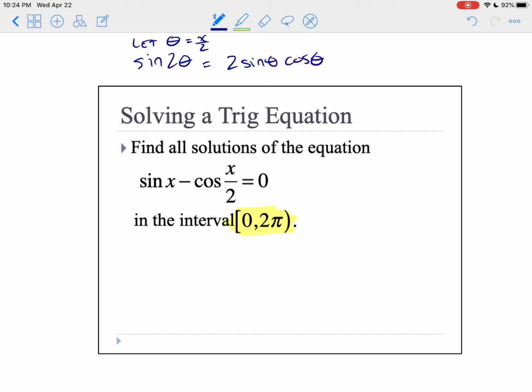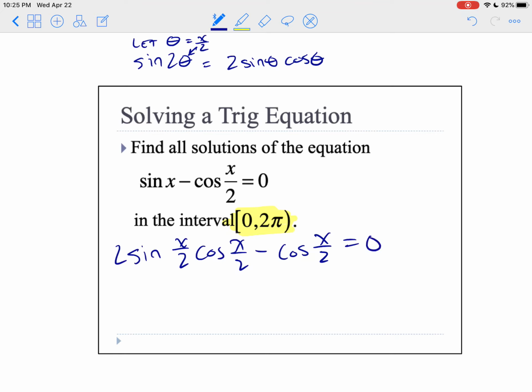So if theta is x over 2, when I plug x over 2 into here, I just get x, because x over 2 times 2 is x. So sine of x becomes 2 sine of x over 2 cosine of x over 2, minus cosine of x over 2 equals 0.